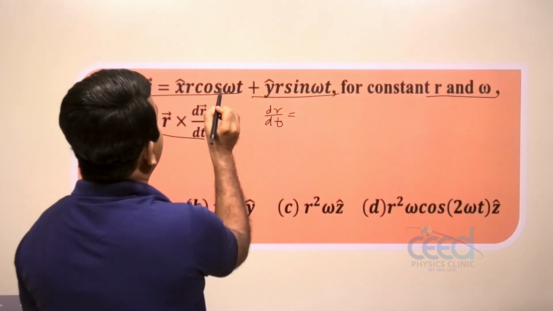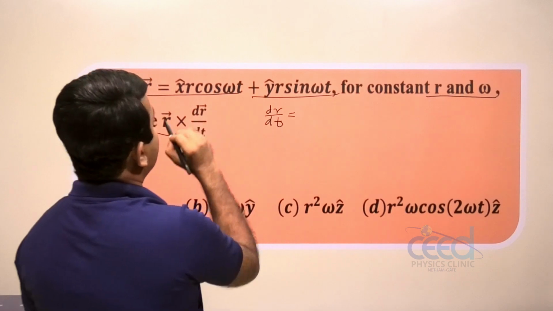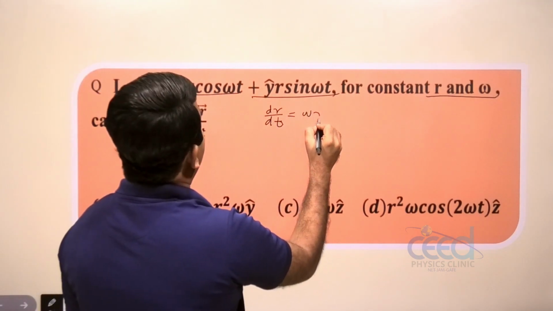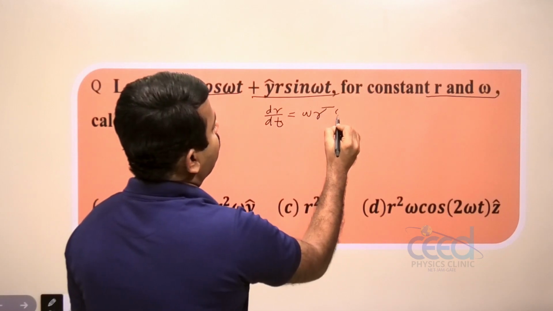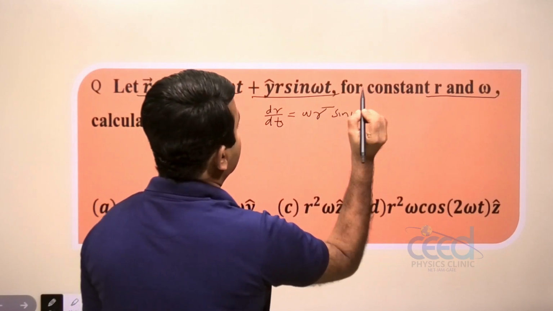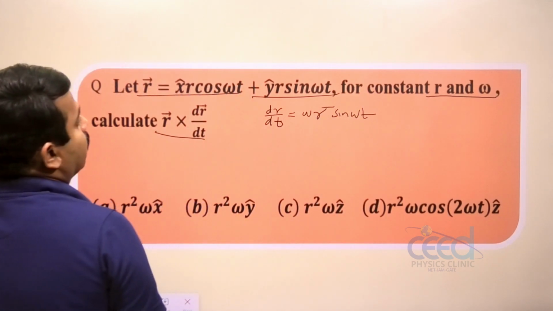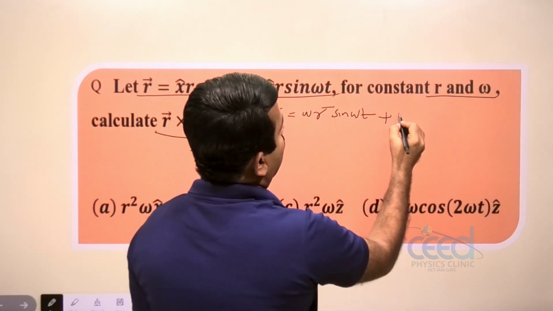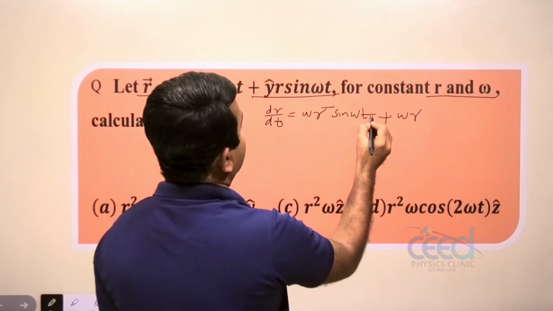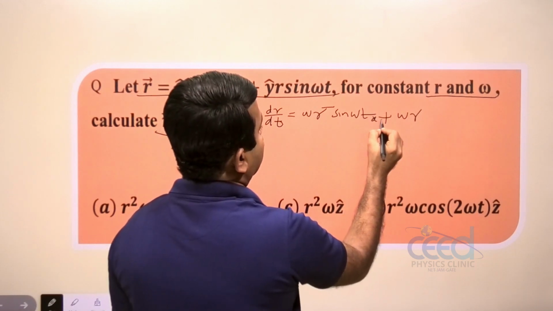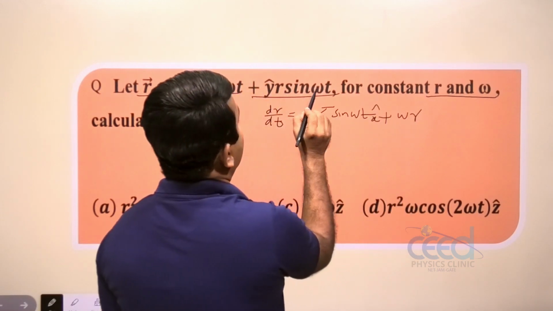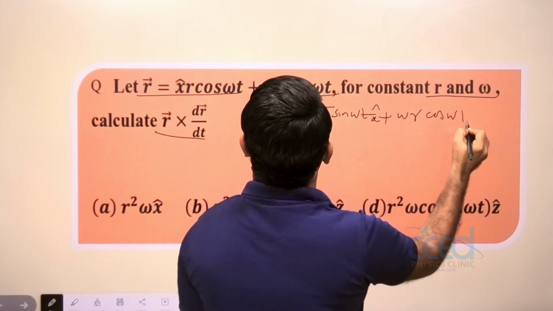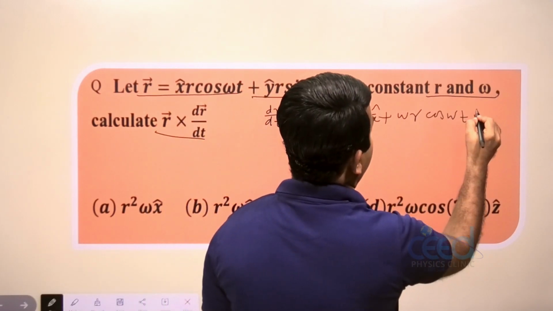That is omega r, with respect to t we are differentiating, then omega r cos omega t on doing gives minus sin omega t, plus here omega r, here x cap is there, omega r sin omega t on doing gives cos omega t, and here we have y cap.